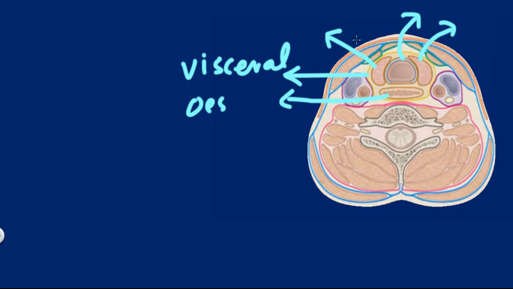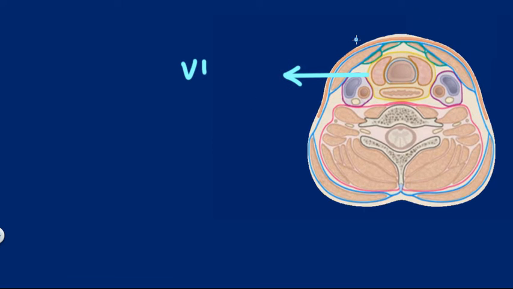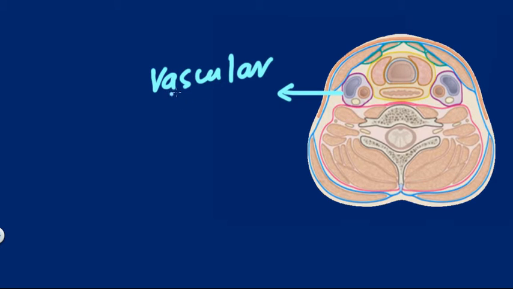Now let's talk about another compartment which is really important when we are talking about head and neck compartments. This is your vascular compartment, because it contains vessels, as the name suggests. कौन कौन से vessels हैं भाई?